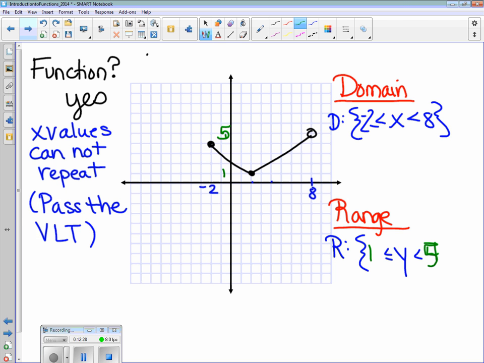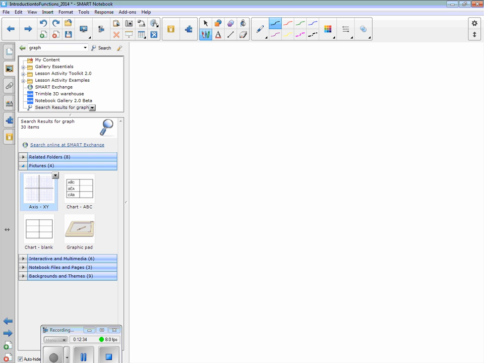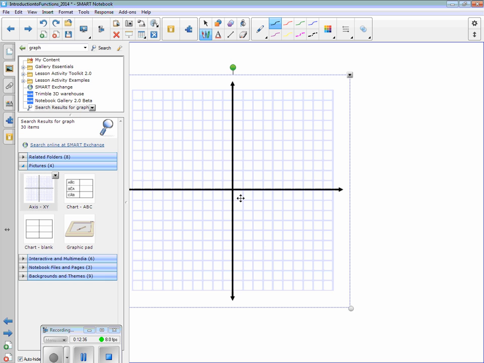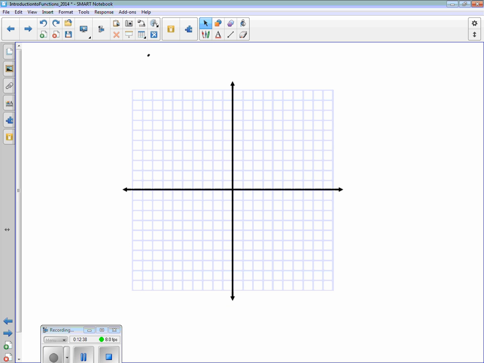All right, let's try one more, okay? Just to make sure that we can find our domain, find our range, make sure it's a function first. So let me give you a graph, and I want you to tell me some things about it.